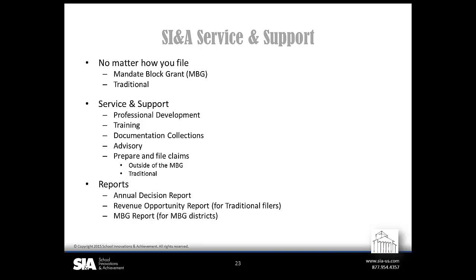I think they offer for our site with the traditional reporting is just working with our sites directly and making sure that we're filing the way we should be and not missing anything, so that we're claiming as much of the dollars that we possibly can.